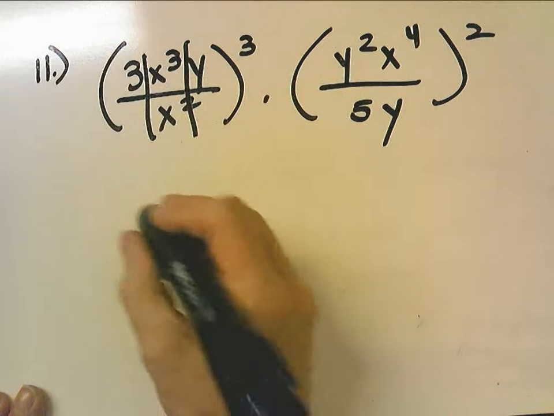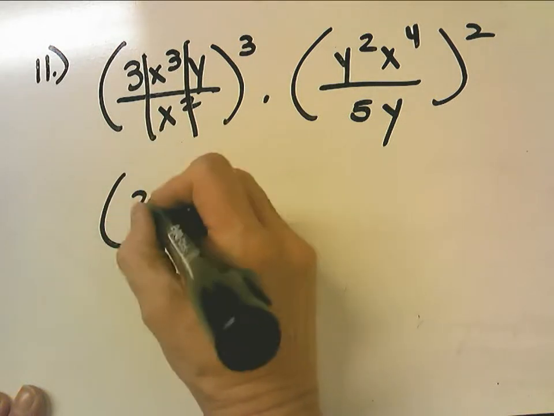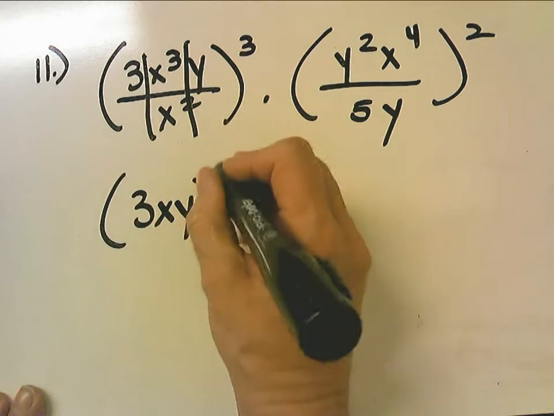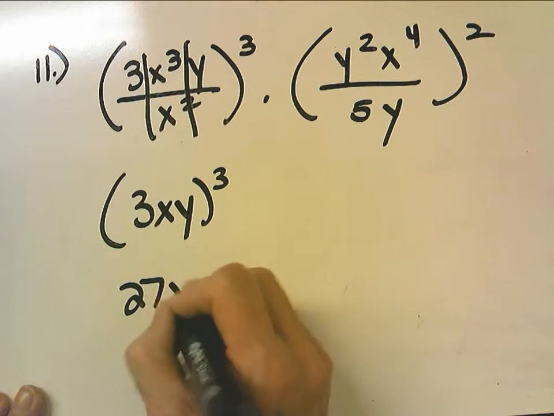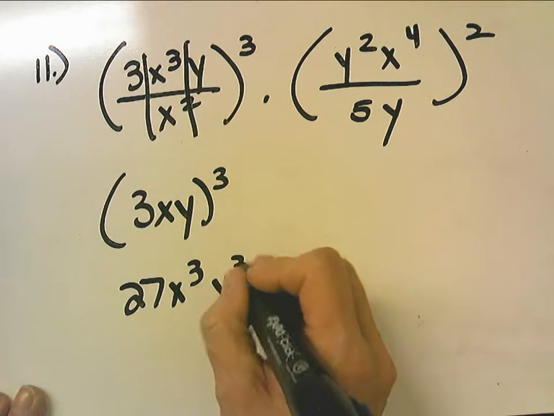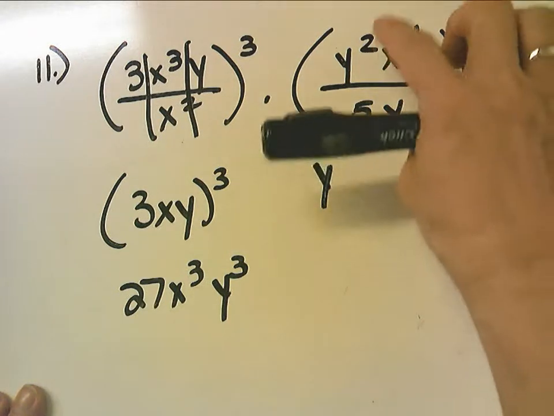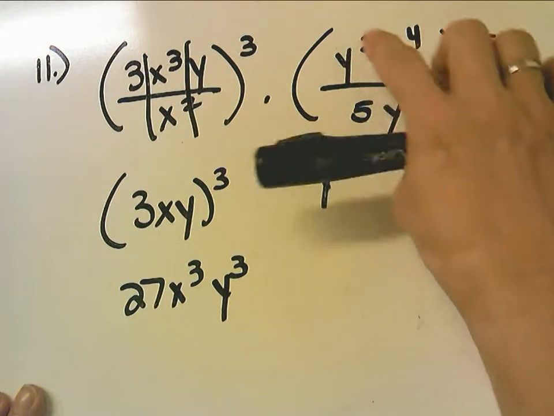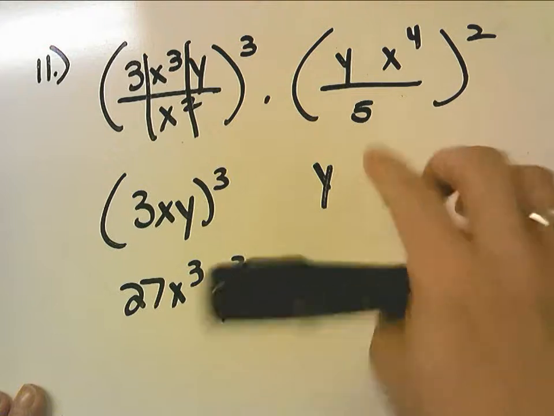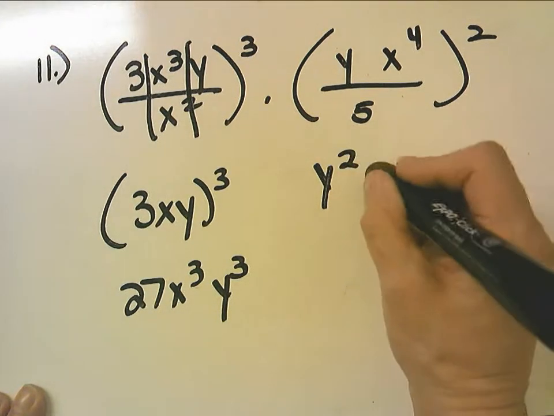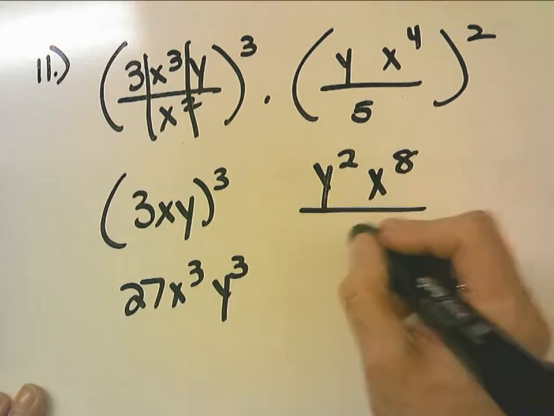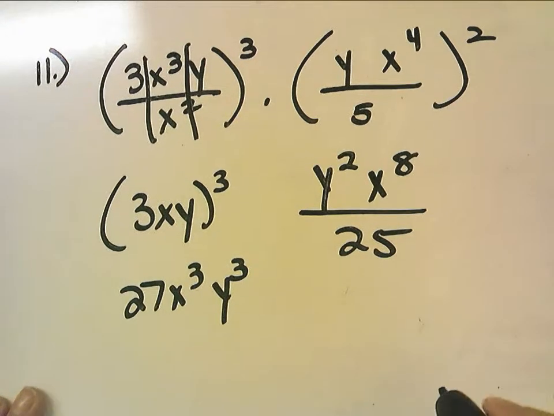X cubed over x squared just becomes 3xy cubed, and that becomes 27x cubed y cubed. This becomes, okay, well, y squared over y would just be y up top, so that becomes y squared x to the 8th over 25.